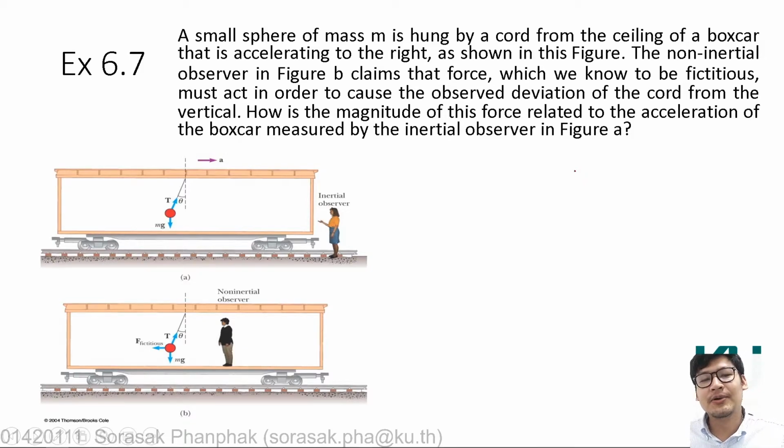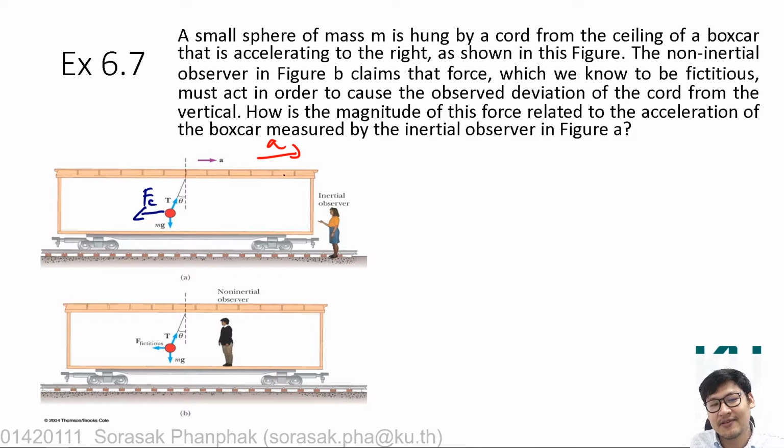So let's look into this problem. This shows how to use the knowledge of the fictitious force or the centrifugal force, but this happens in a linear case. So how can you deal with this problem? This is what happens when you're in a train and the train is moving to the right. But what happens here? There's another force, a physicist's force, acting backward.